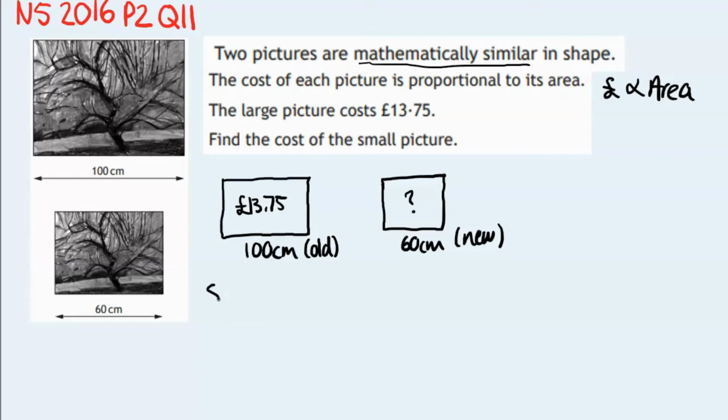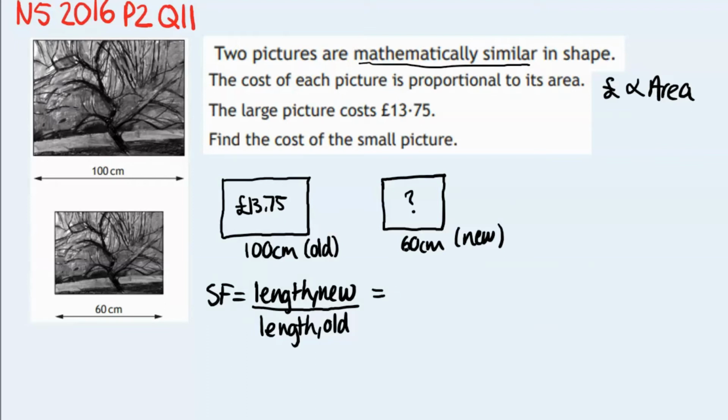So once you do that, we can use the scale factor formula. So the scale factor formula is the length in the new shape, so write it shorthand, length in new shape divided by the length in the old shape, okay? So we're able to use this formula because we know a length in the large picture, we know the length of the same side of the smaller picture, okay? So you need to make sure it's the same side you're talking about, okay?